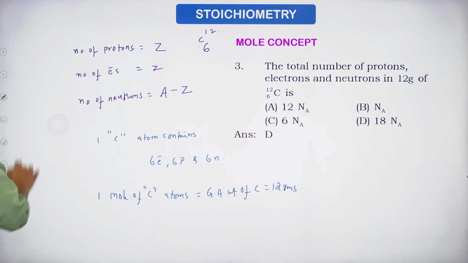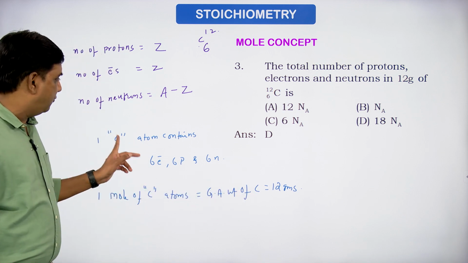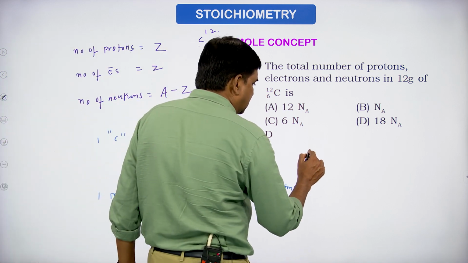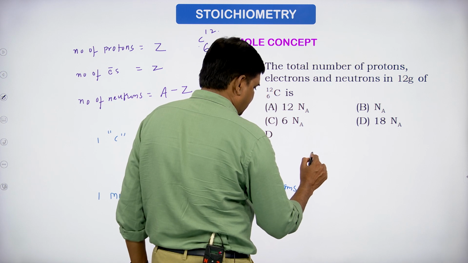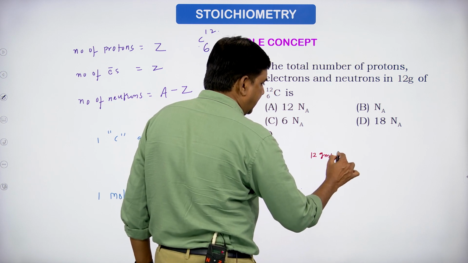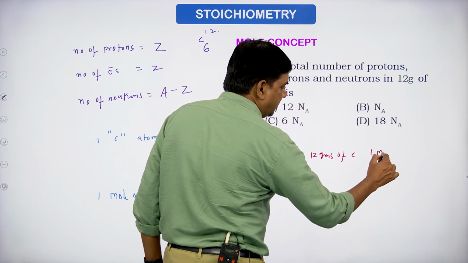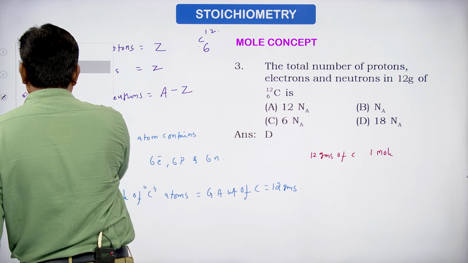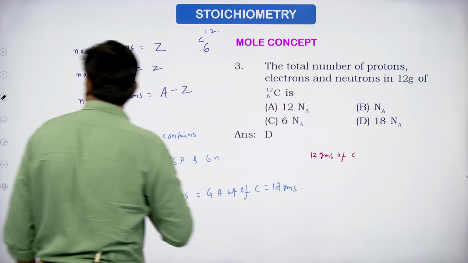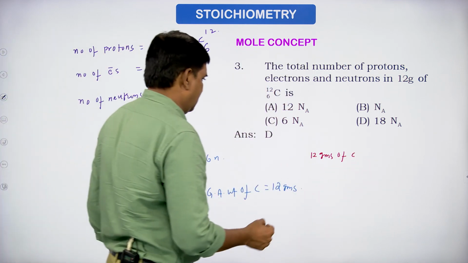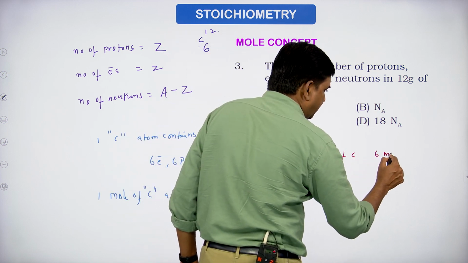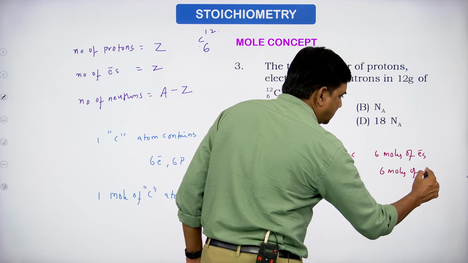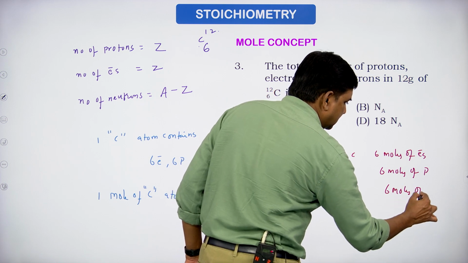Now student, let us see. 12 grams equals 1 mole. If one atom contains 6 electrons, 6 protons and 6 neutrons, then 12 grams means 1 mole. 12 grams of carbon, 1 mole of carbon, will therefore contain 6 moles of electrons, 6 moles of protons and 6 moles of neutrons.